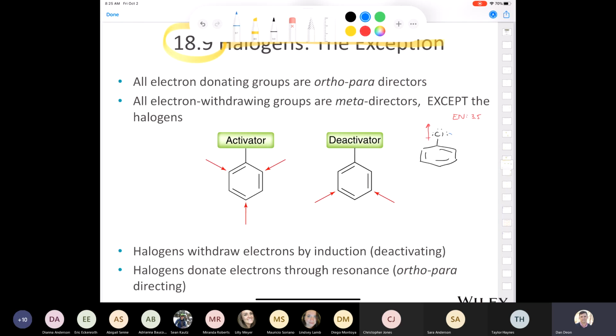It can also donate electron density, right? It could do that. No reason why not. So then you're wondering, oh, shoot, which one is it? What's going to be the governing factor here? Is it going to be the electron donation based on resonance, or will it be the electron withdrawing effect based off of the electronegativity?